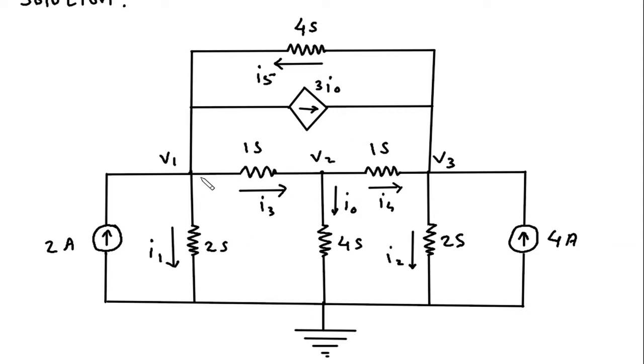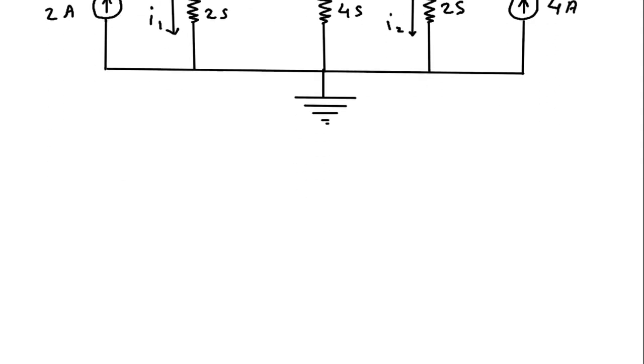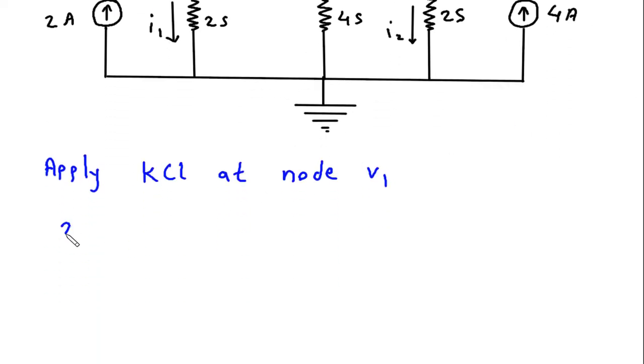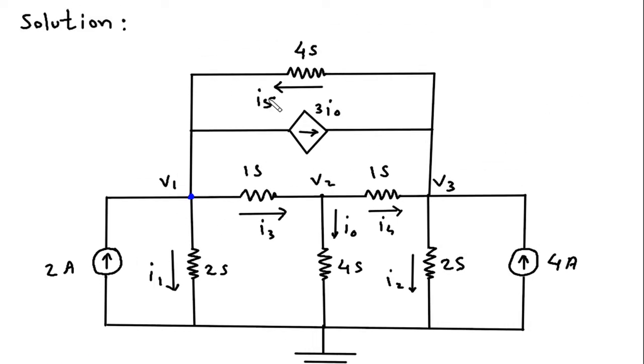Now we will apply KCL at node V1. So at this node, entering current is this 2 ampere plus this I5.